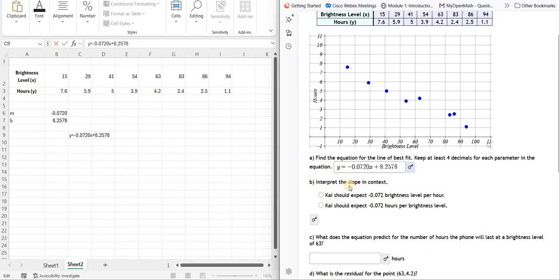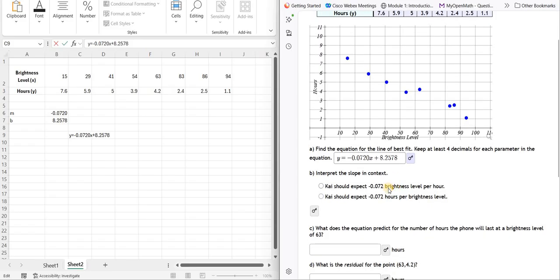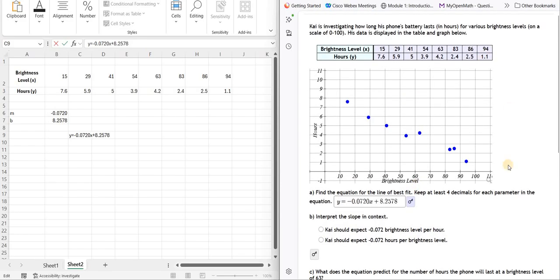And then you would interpret the slope in the context. So the slope means per hour, I would say. The outcome when 1 unit of x is increased, so each one level of brightness increasing, we expect the battery to last, on average, the slope amount of hours.